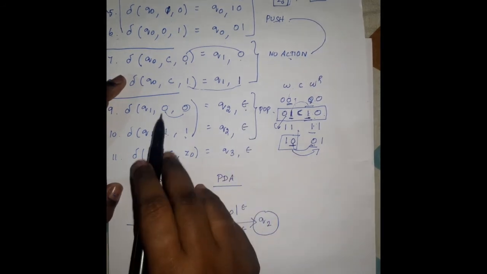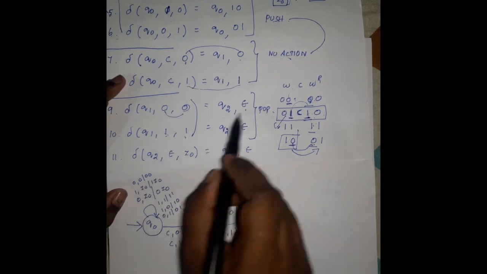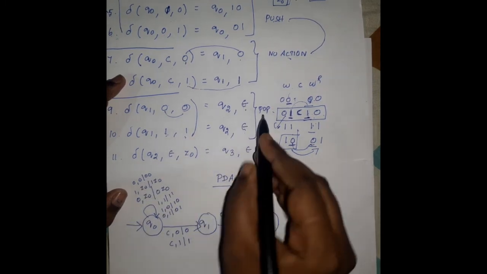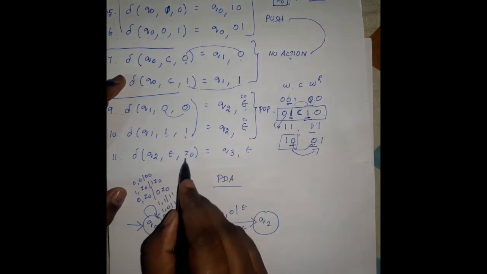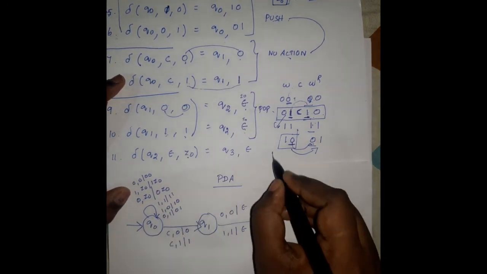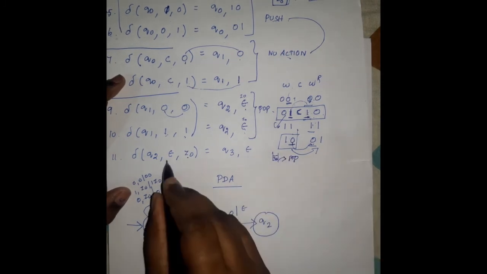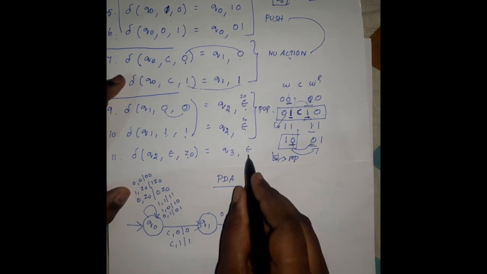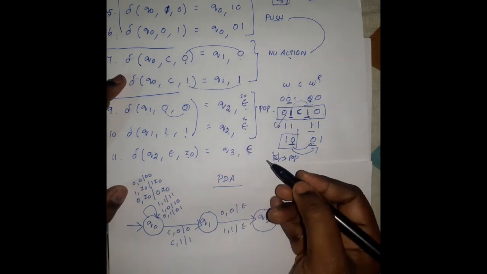This is nothing but performing the pop operation for 0 with 0 and 1 with 1, that indicates epsilon, or otherwise you can write here Z0. But in the last step we are considering Z0 as also one input element. So here Z0 from the stack is popped for the epsilon input symbol. So it leads to the empty stack.